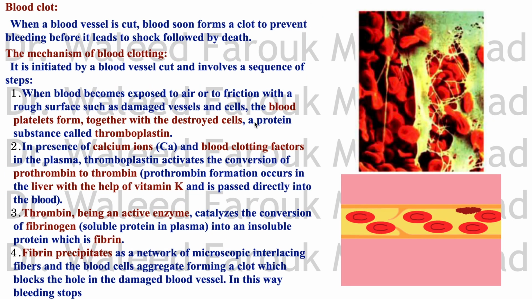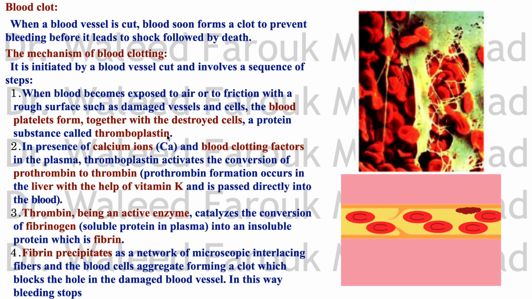Now we'll talk about blood protecting itself from bleeding by clotting. Mechanism of blood clotting. Clots happen at sites of injuries, damaged sites of the intima of the vessels, where the damaged cells and the platelets together secrete a substance called thromboplastin.